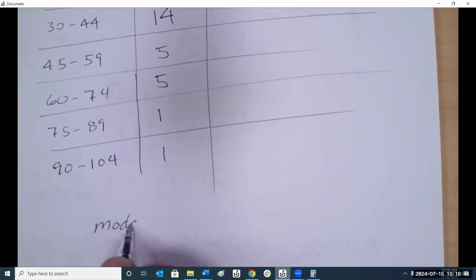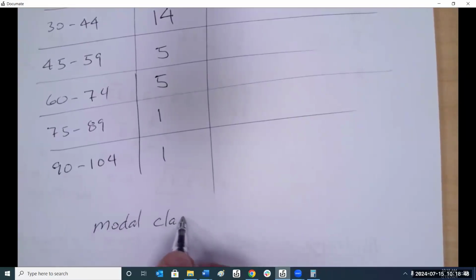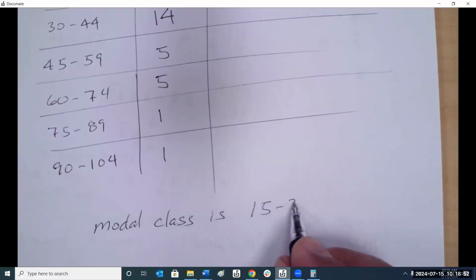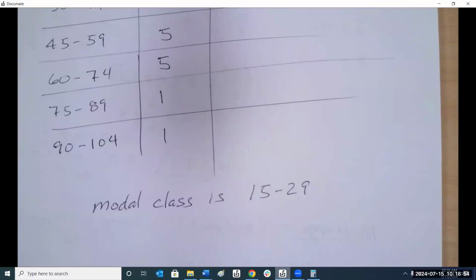Since this is frequency, the biggest frequency. So what we say here, since it's not a number but a class, is that the modal class is between 15 and 29. That's a modal class, because our initial data set is no longer in individual numbers, they're in classes.